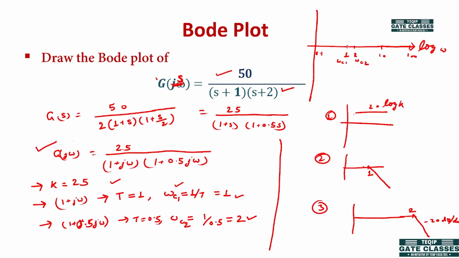So till omega c1 our slope would be the line we will have, this 0 dB for those two. If we add all those points till 1 point, what we are getting here, 1, this is 2. Okay, so this is 2. This is 0.2.